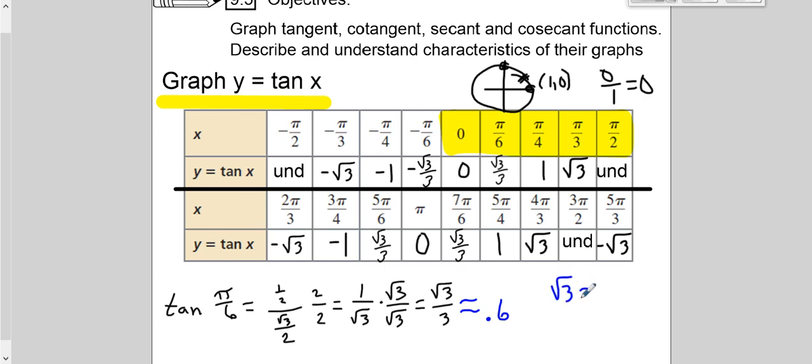Square root of 3 is about 1.7. So every place we see a rad 3, this one's negative, so that'll be a negative 1.7 when we go to graph it. This one will be a positive 1.7. This one is a 0.6, and so on. All right, keep these numbers handy. We need to make our graph.